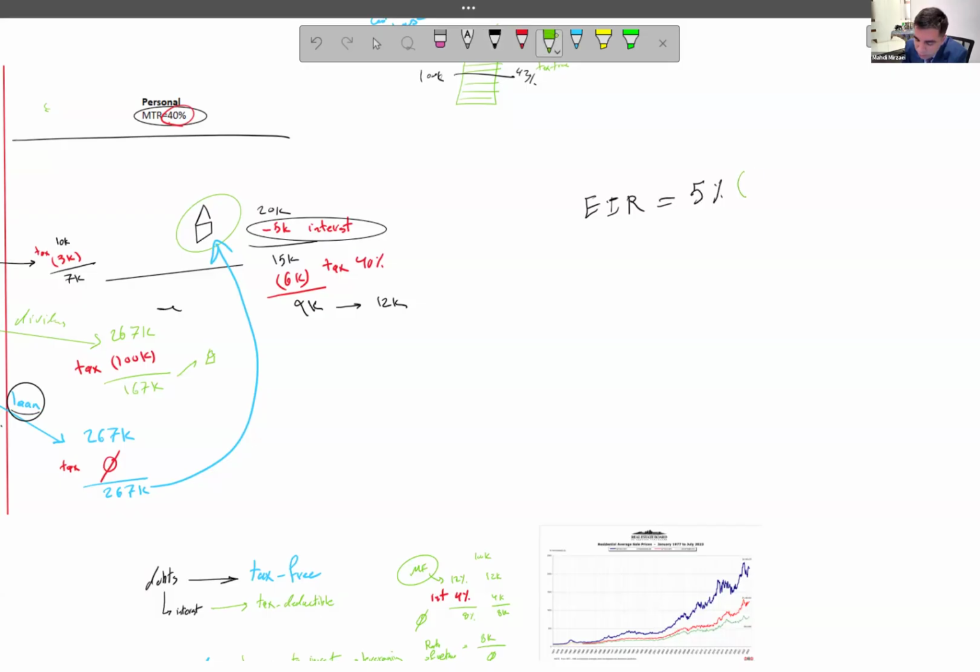So we're going to say 1 minus the tax rate, which is 50%, MTR. So the result is going to be 2.5%. How much is the actual money that we pay for this interest? On the contract it's 5%, but in reality, we pay only 2.5%. Why? Because half of this number is saved on the tax.